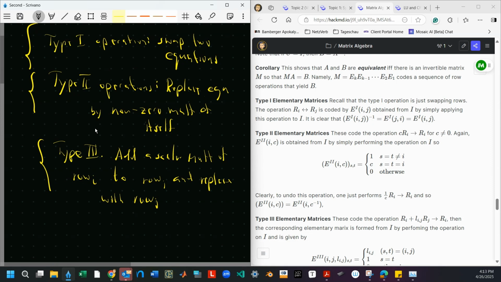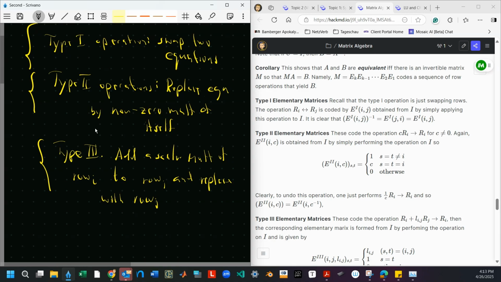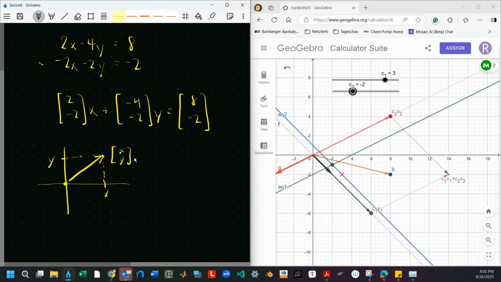Now, once I've done this, this has a particularly nice form. This is kind of a triangular matrix like that. And once we get to a triangular matrix, we use what's called back substitution, right? So here I've got minus 6y equals minus 6, so I can now solve for y. y equals minus 1, right? And once I have y equals minus 1, I can plug that in here, so I get 2x minus 4 times minus 1 equals 8.